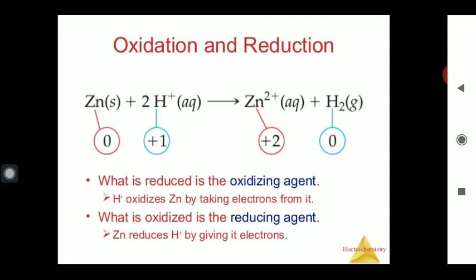Whenever a wire is connected between the anode beaker and the cathode beaker, migration of electrons takes place, and this electron migration is responsible for the generation of current. So now in this video we will discuss how current is generated whenever an indirect redox reaction takes place.